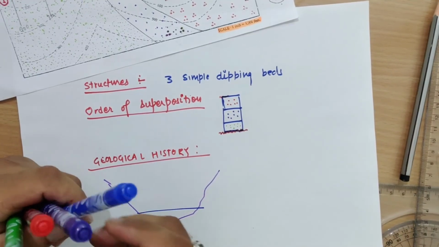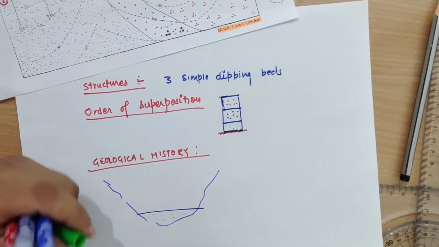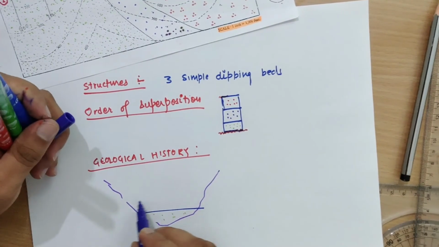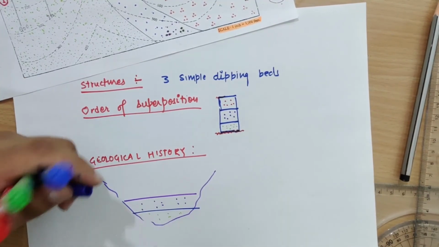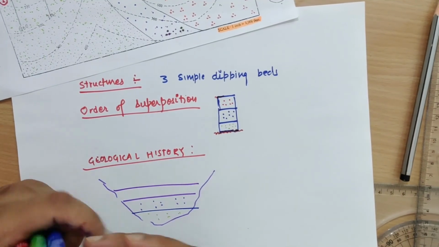Then the shale is represented by this type of symbol. Then we have deposition of limestone, and ultimately we have deposition of grits.